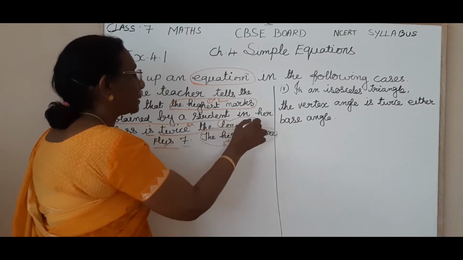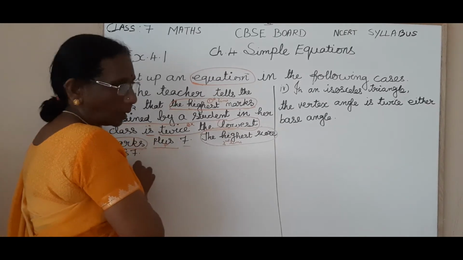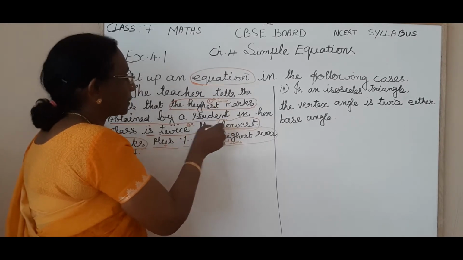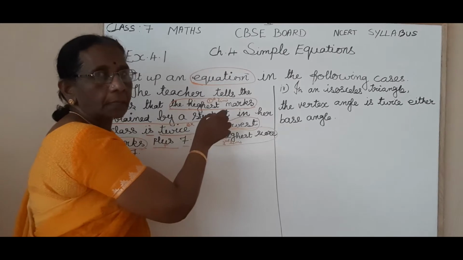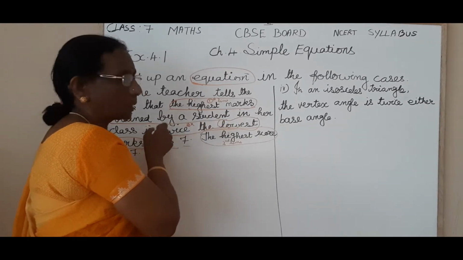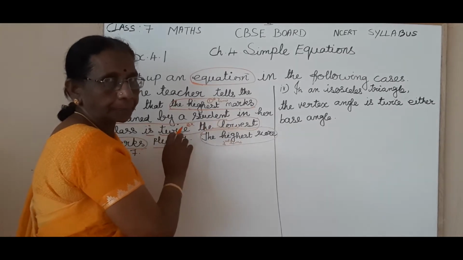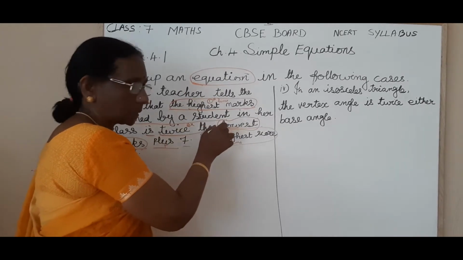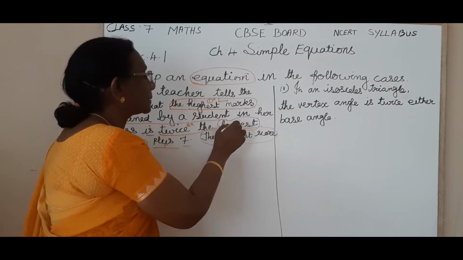So the relation between the highest mark and the lowest mark is given in the form of an algebraic expression. But no information is given about the lowest mark. It is an unknown quantity, so we have to take this as x.